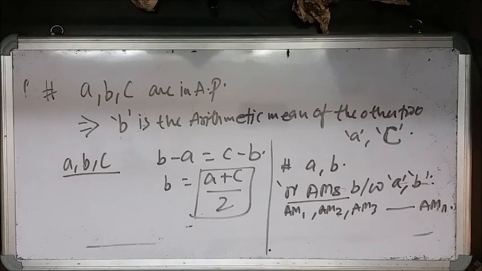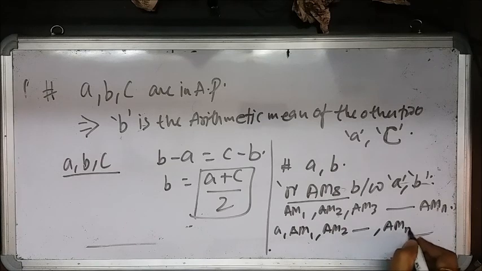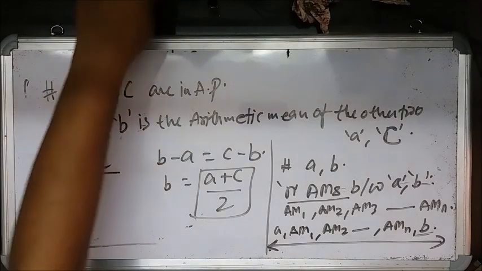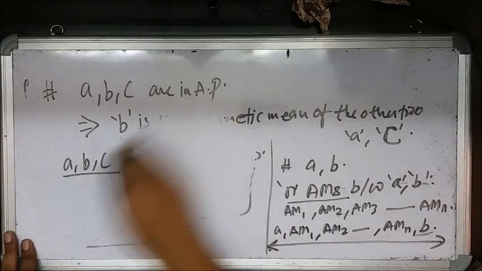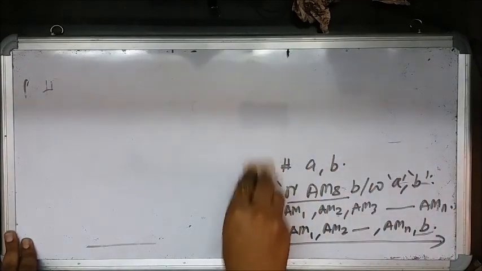So if I am inserting n arithmetic means between A and B, this means that A, AM1, AM2, and so on up to AMn, and B, this entire sequence is an arithmetic progression, right?